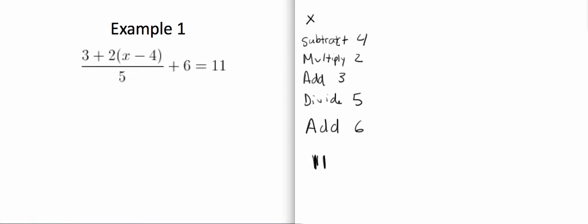With undoing operations, one way we can do this is we can write out all these steps. Then we start here at 11 and we do the opposite for each one. So we're going to start with 11 and then we're going to subtract 6. And then we're going to multiply by 5.